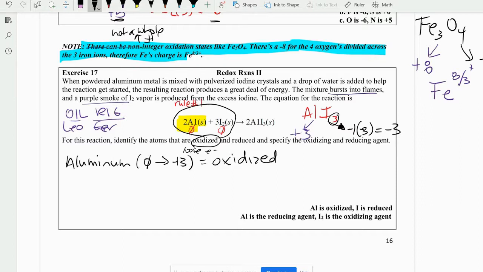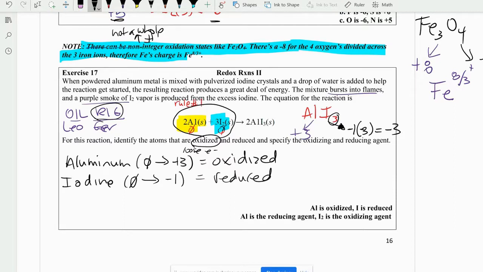Now, you're probably going to guess that the other species in the reactant, the iodine here, was the one being reduced. And in fact, it was, but let's go ahead and confirm that. Iodine went from a 0 in the reactants, and then after the reaction occurred, it went to a -1. So yes, reducing is to gain electrons. So this one was reduced.